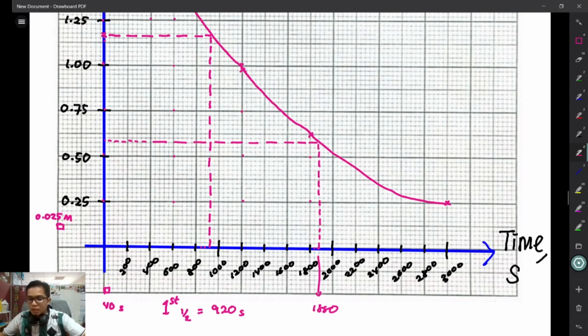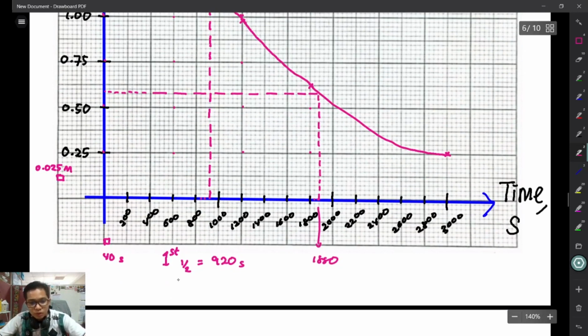So saya punya second half life based on ini. My second T half is equal to 960 second.